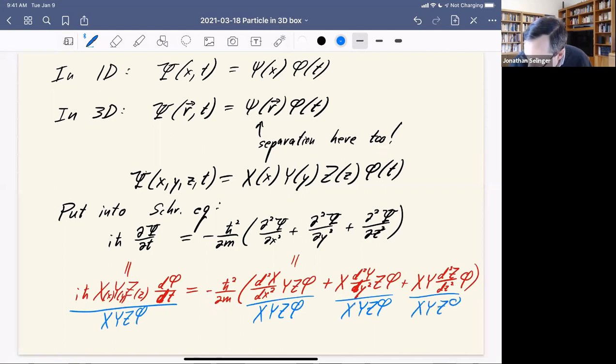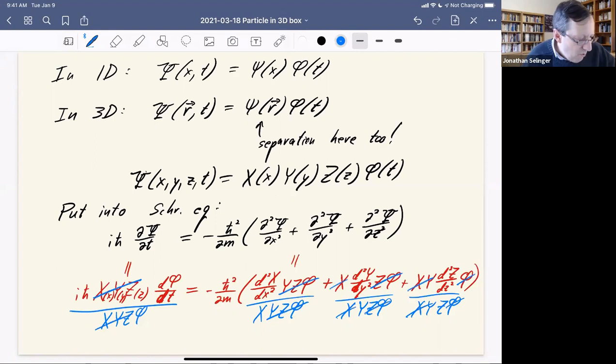Now in each place, most of the factors will cancel. Here XYZ cancels XYZ, here YZφ cancels YZφ, here XZφ, and here XYφ. Now we can simplify what's left.